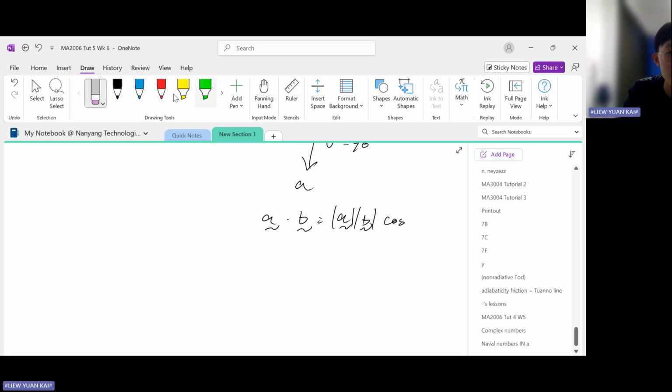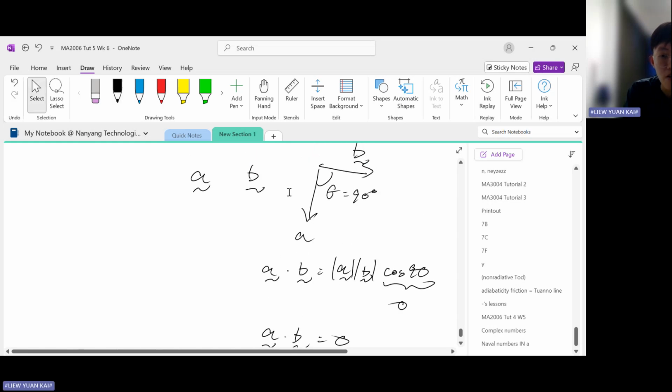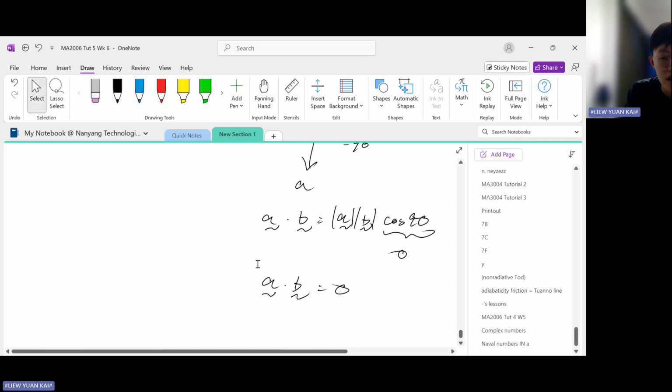Since the angle of separation is 90 because they are perpendicular, you can evaluate this. Cos 90 is equal to 0. So you see, when theta is equal to 90, meaning when the two vectors are perpendicular, A dot B is 0.